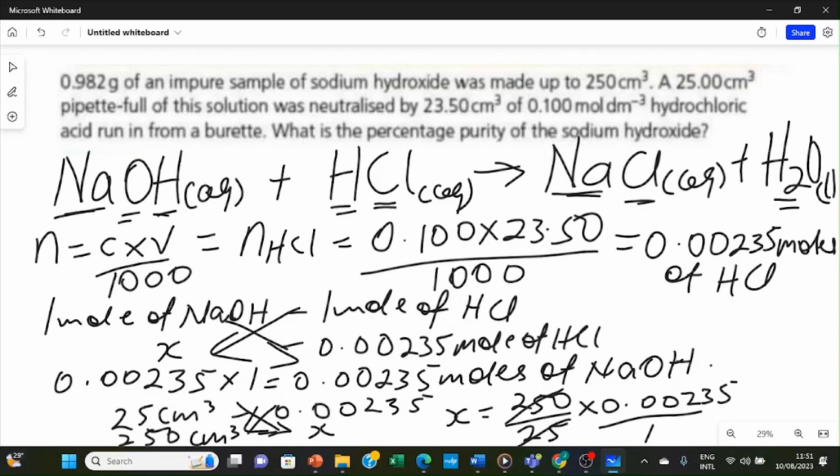So 250 over 25 is 10, and 10 times this gives you 0.0235 moles of sodium hydroxide. I have to wipe this up so that I will have enough space to solve. Please, I want us to listen attentively. It's as simple as ABC.